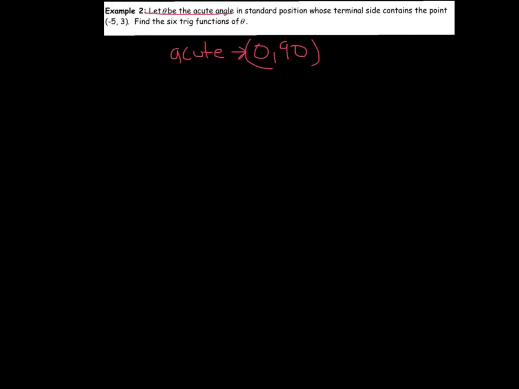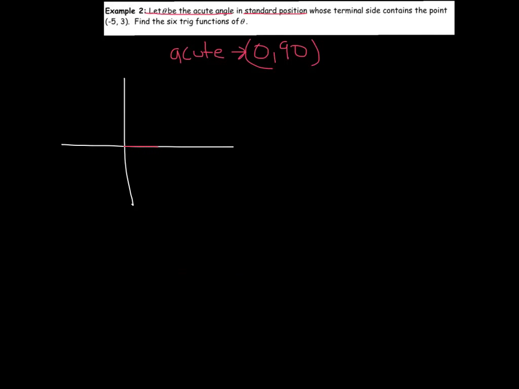That's what theta is. In standard position, what does that mean? If you go back to the first slide, standard position means that one side of the angle is on the x-axis and the other side is in some other quadrant, whose terminal side contains the point -5, 3. So let's see if we can draw this. Okay, so that's our basic xy coordinate.